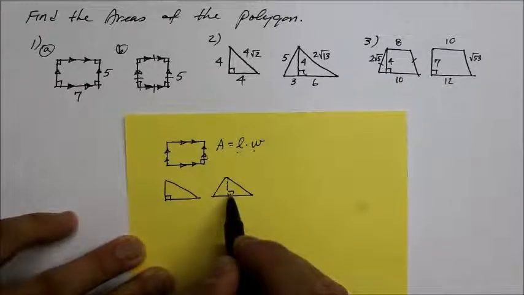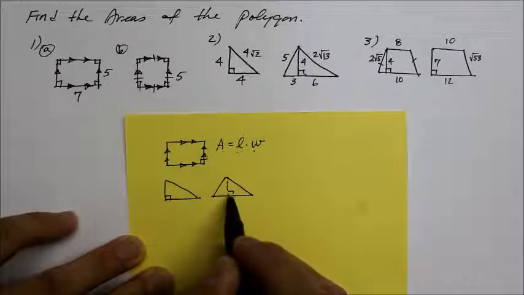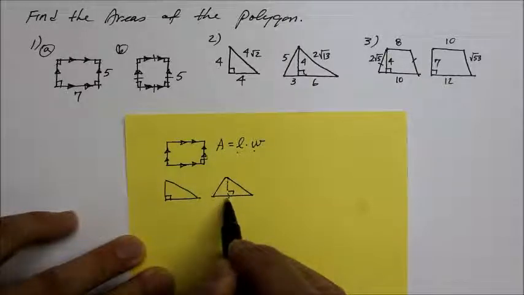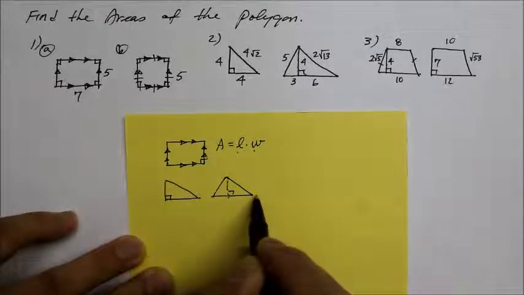And for the altitude or the height to be correct, it must be perpendicular to the given base. It has to be 90 degrees. So you're looking for a dimension that is exactly perpendicular or at the right angle of the base of the triangle.